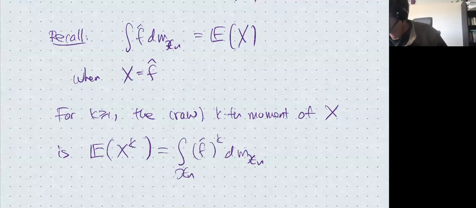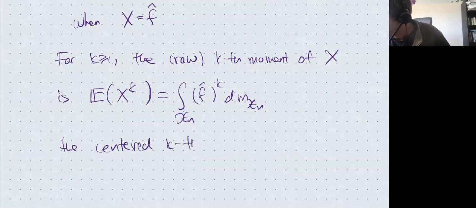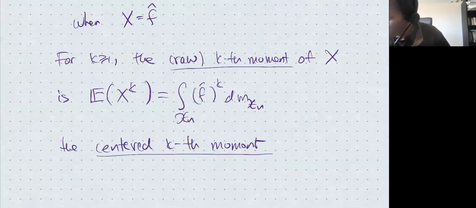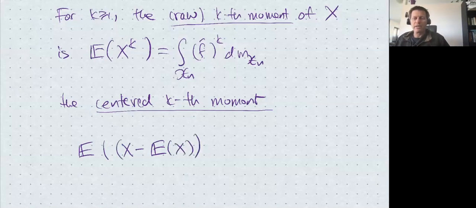And there's something called the centered kth moment. This is when you first center the random variable so that it has expectation 0, and then you take the kth power and look at its expectation.